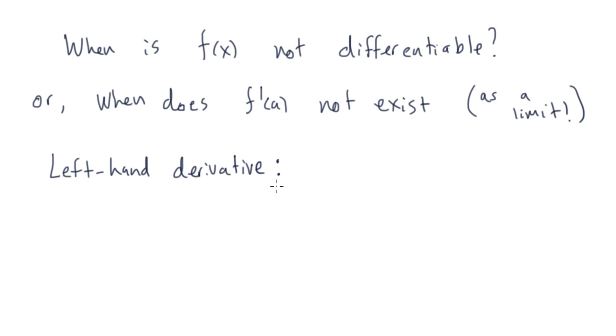It's just the left-hand limit of f prime of a. So instead of just taking the limit as h goes to 0, we're going to take the limit as h goes to 0 from the left of this difference quotient.